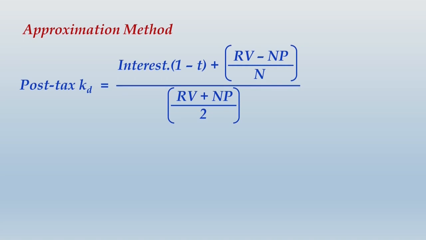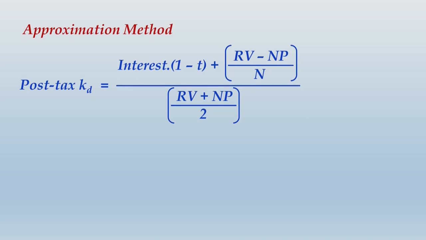If you are issuing debentures at 10 lakhs and redeeming them at 12 lakhs, the value of that debt is not stable. It is changing, and therefore we are supposed to take the denominator as a simple average of these two values, that will be 10 lakhs plus 12 lakhs divided by 2, or you can write it by formula as RV plus NP divided by 2. RV is 12 lakhs, NP is 10 lakhs. Aggregate of these two and divided by 2, you will get the average value.